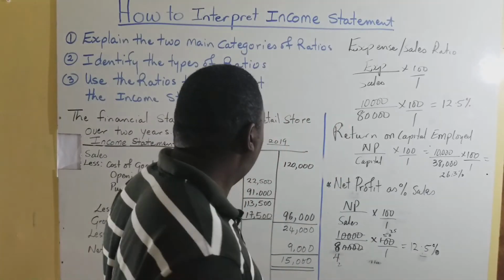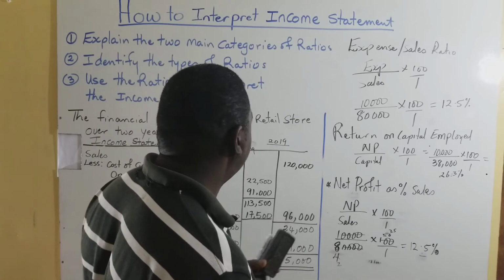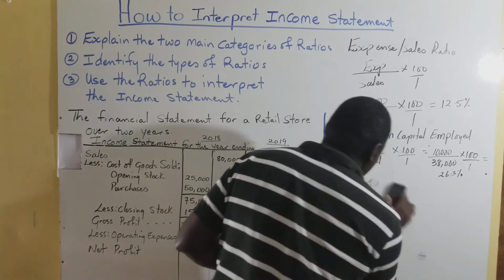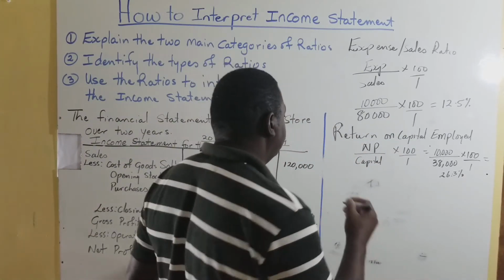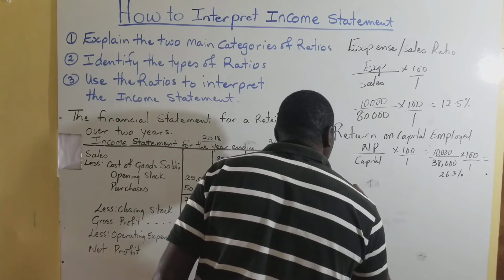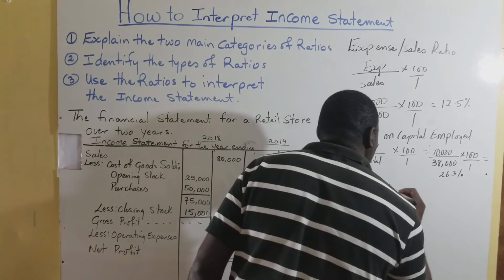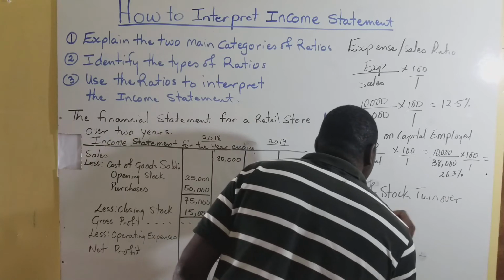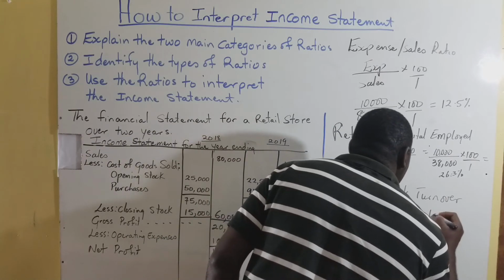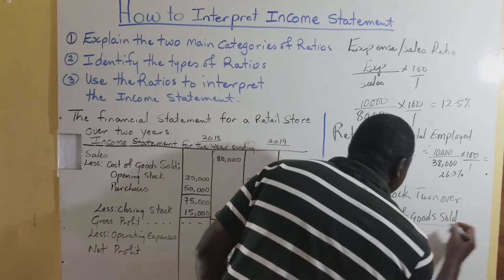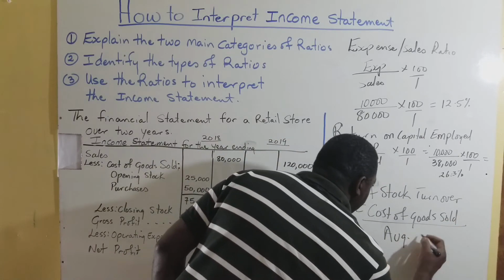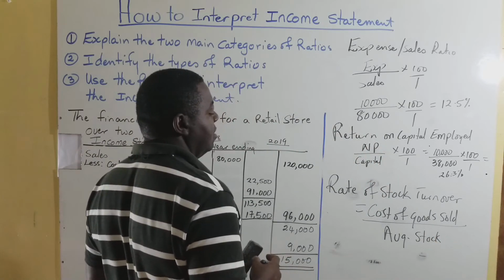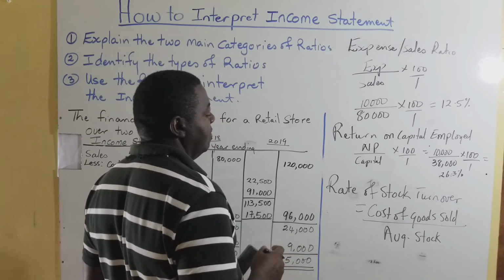All right. The other ratio that we want to do is the rate of stock turnover, which is equal to our cost of goods sold divided by our average stock. Now the first thing we must do is to find our average stock.